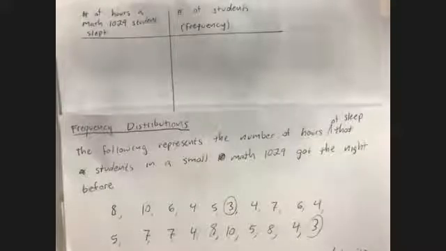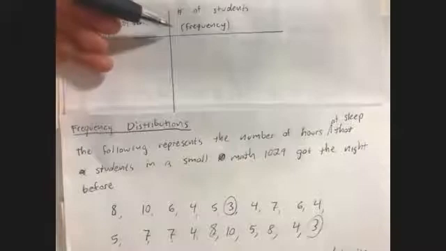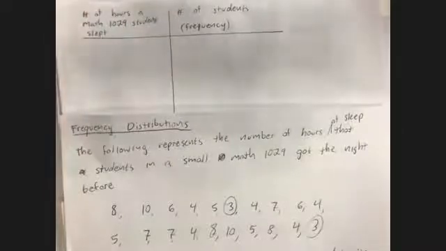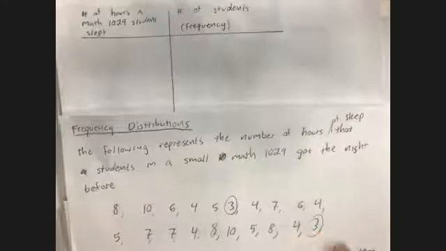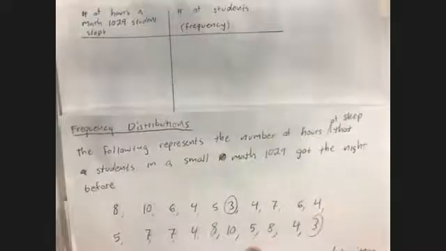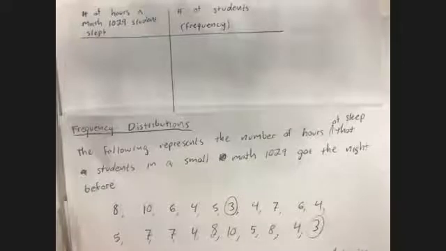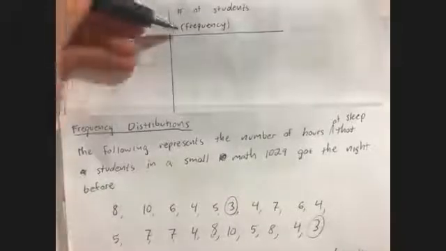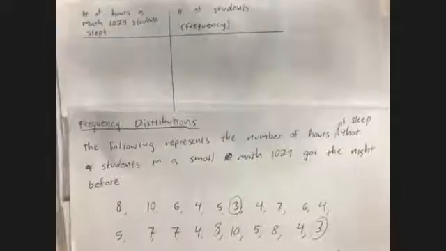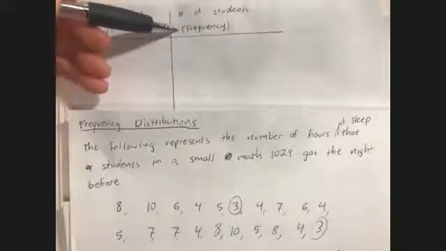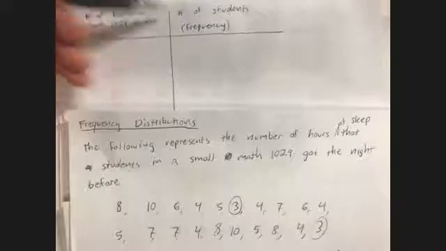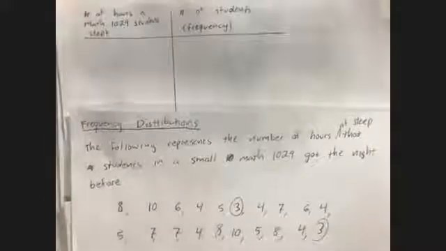And then the number on the right, that's the number of students who had 3 hours of sleep, or the number of students who had 4 hours, which we'll write down. We might just call that frequency. So in the book, sometimes I see that they've done this. Usually they'll also, in parentheses, call it frequency. So let's just get to it.